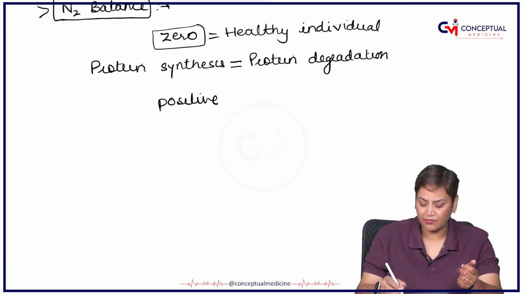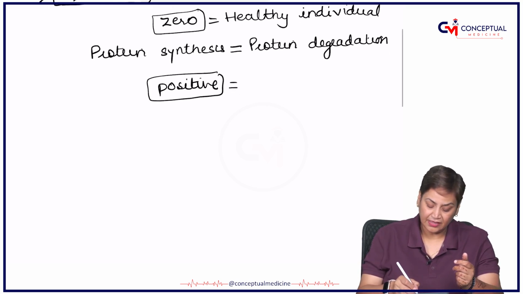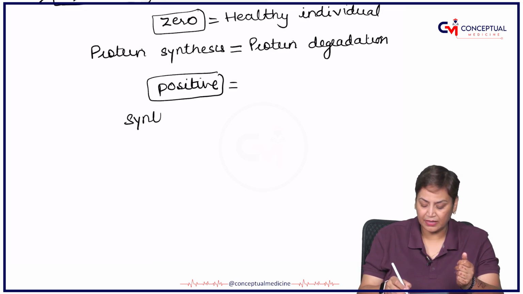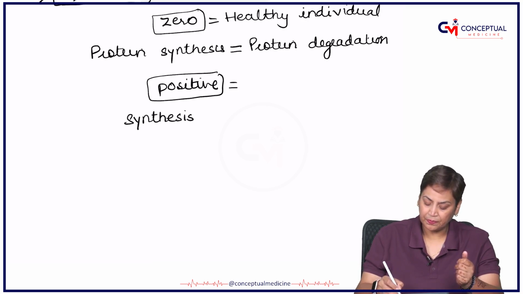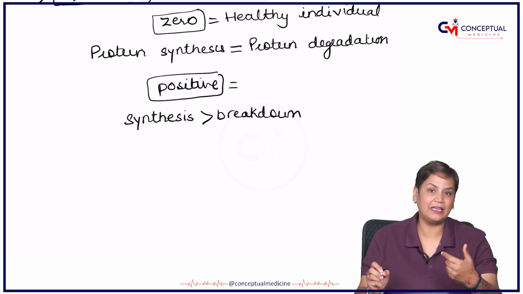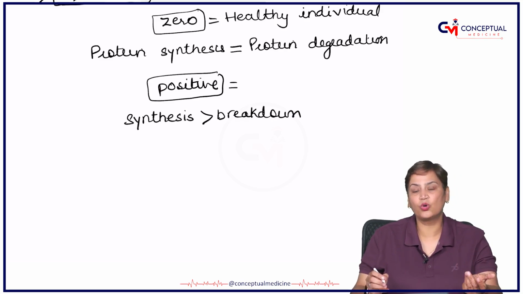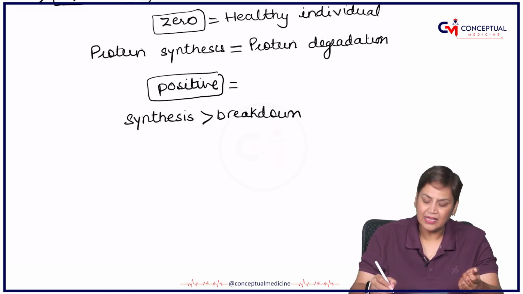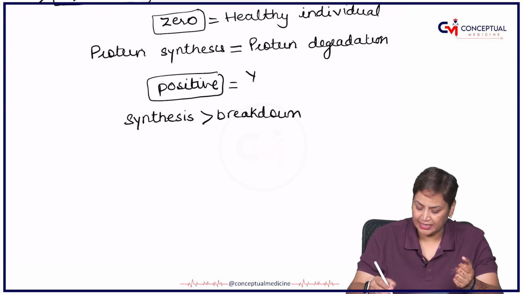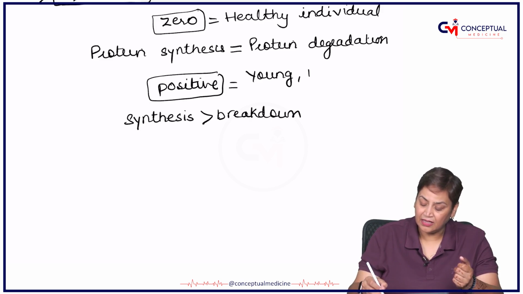Nitrogen balance is positive when the synthesis is more than breakdown, right? And this is positive mainly in growing individuals, in young people and pregnant women, where the requirement of protein is more, pregnant and lactating mothers.